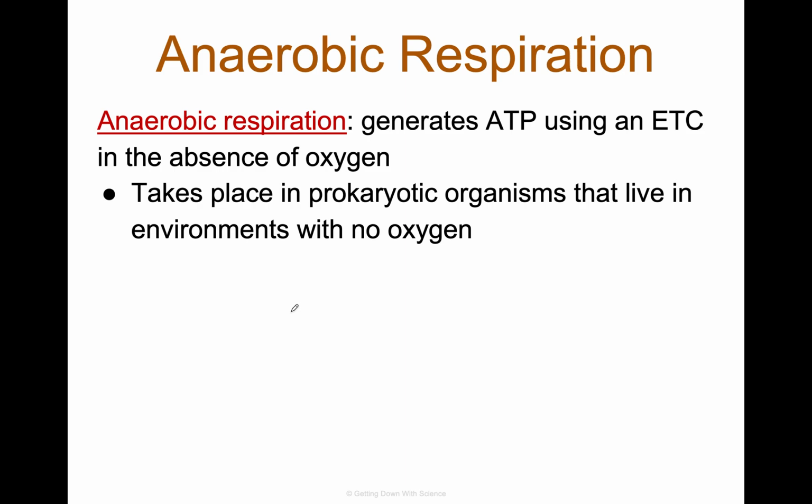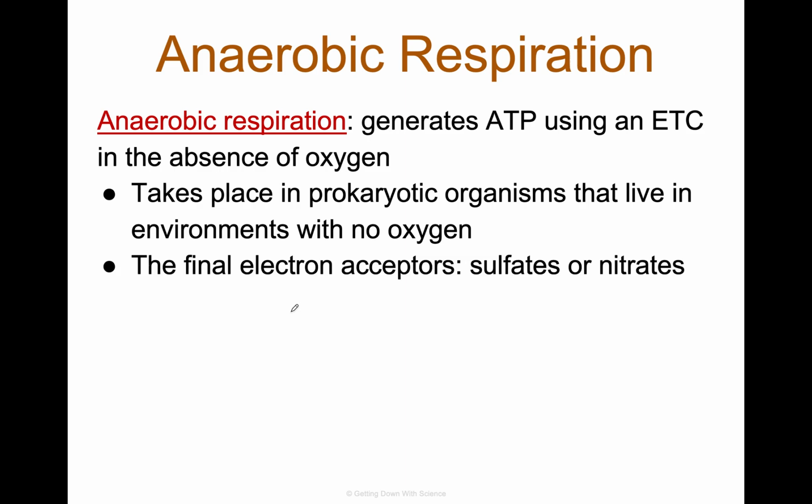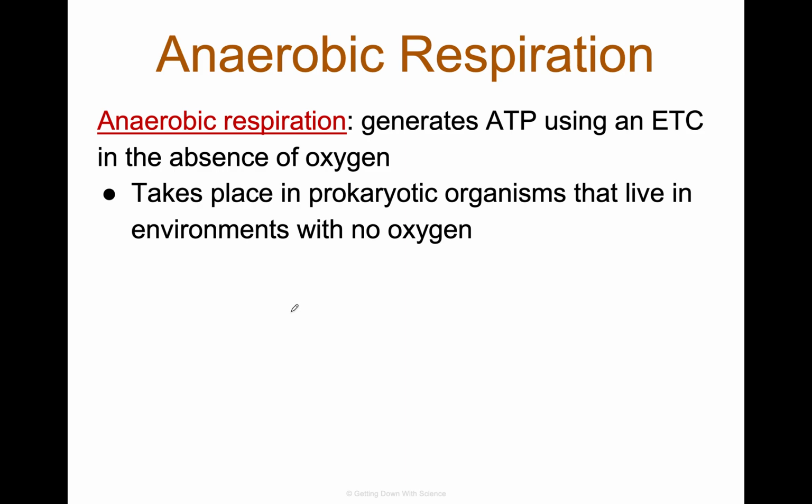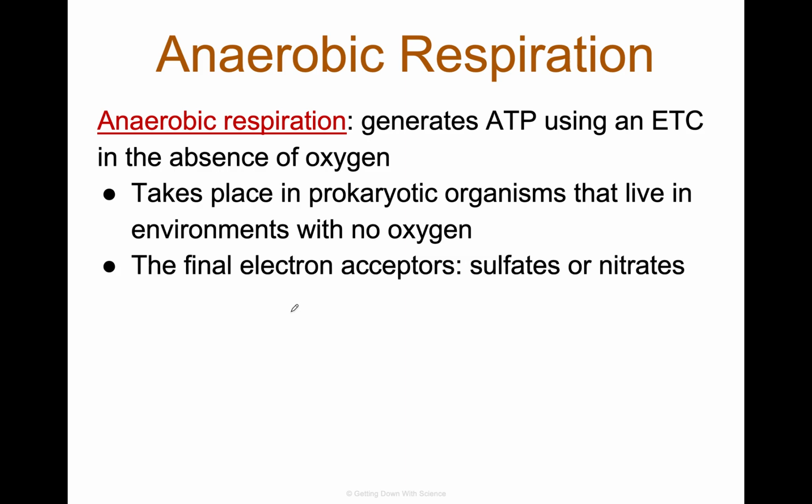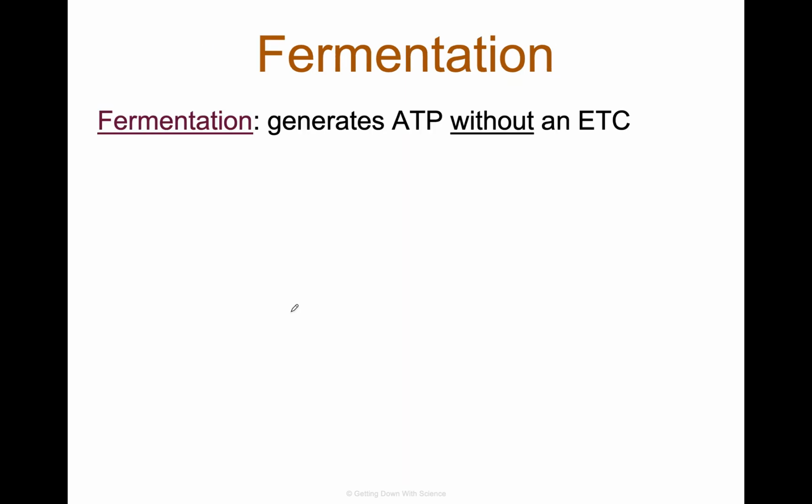It takes place in prokaryotic organisms that live in environments with no oxygen. That could be anything from a prokaryotic organism at the bottom of the ocean to the yeast hanging out inside of a kombucha. The final electron acceptors in anaerobic respiration are generally sulfates and nitrates instead of oxygen.